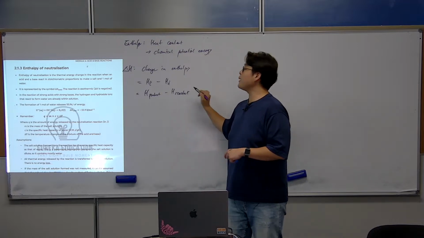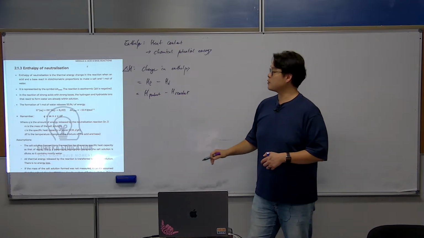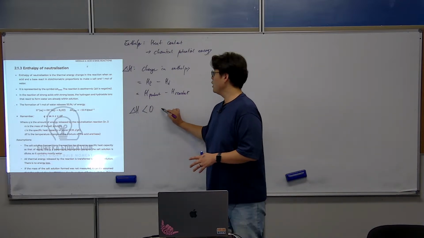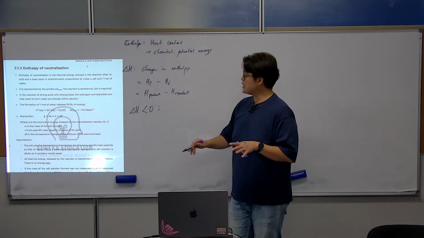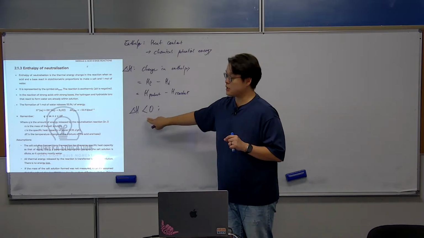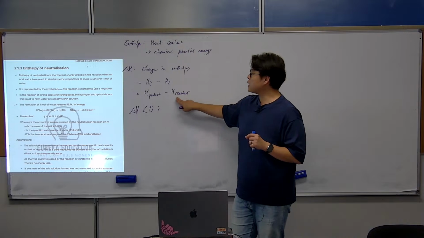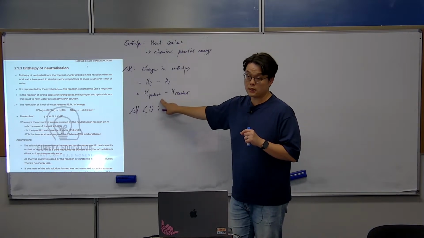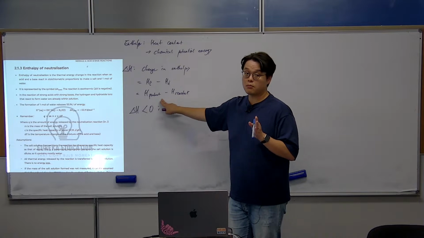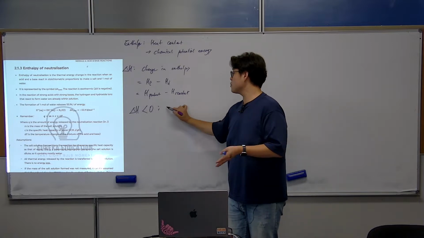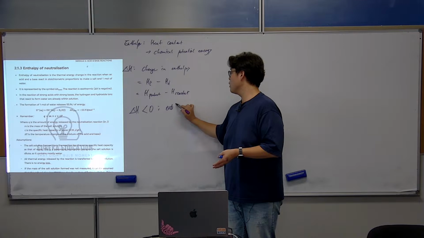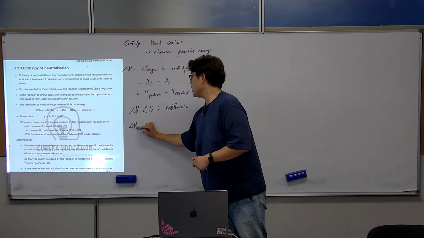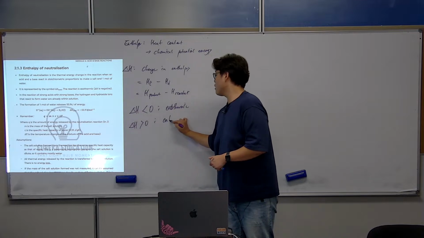That's what I meant by delta H. And we learned that when delta H is less than 0, there is a greater amount of energy on the reactant side than the product side, meaning the energy must be released in the form of heat. We call that an exothermic reaction. When delta H is greater than 0, we call it endothermic.